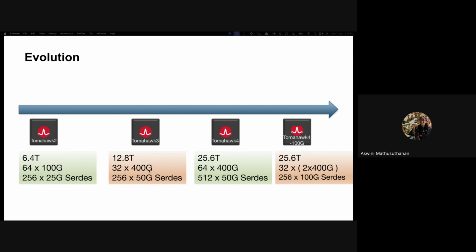The throughput is 32 x 400 gigs, and 25.6 can also be seen as 64 x 400. The number of SerDes has basically doubled between Tomahawk 3 and TH4, which is 256 SerDes in TH3 and 512 SerDes in TH4.